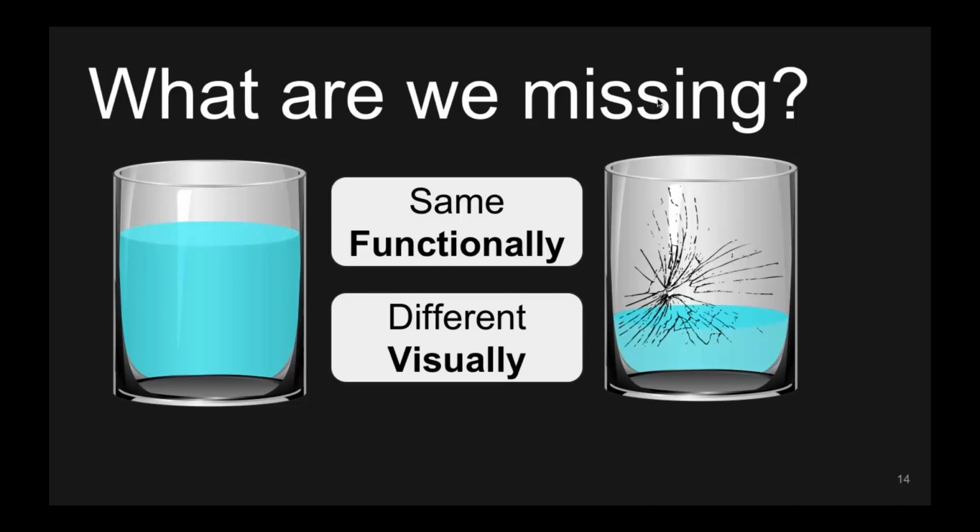You can see that this crack on the right glass wasn't just affecting the visual perspective of the glass itself, it actually had integrity concerns for the glass because some water was leaking out. So it started with just a visual crack and ended up affecting the amount of water the glass was able to hold.